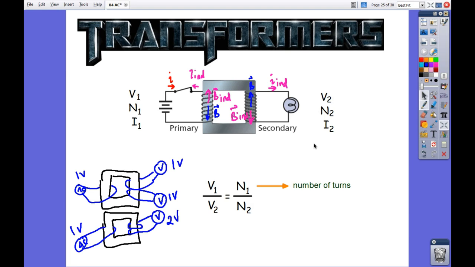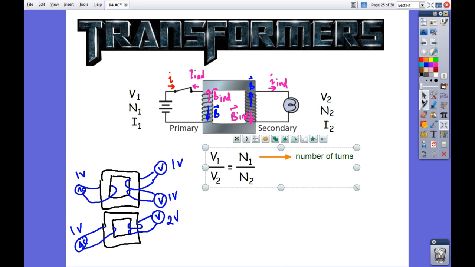How about the current? As you can see, if the turns of the coil increase, it becomes longer. If it becomes longer, it will have more resistance. That means it will oppose the current.